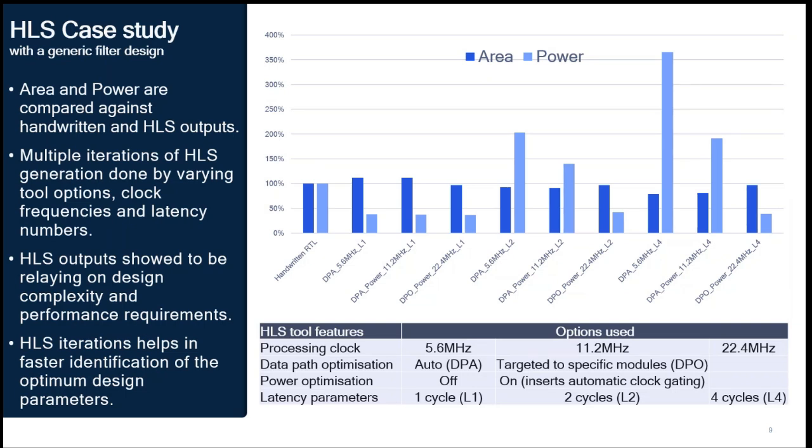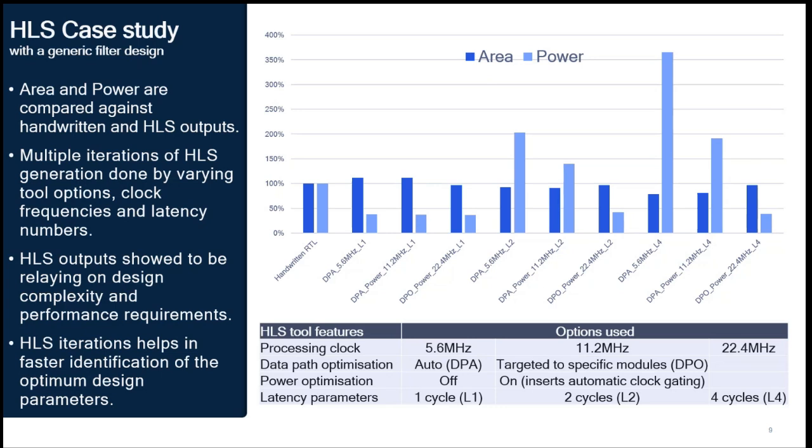If you're telling 4-cycle latency, the amount of hardware is reduced. There are a few cases where the power is quite high, but that's where the power optimization from the tool is helping.